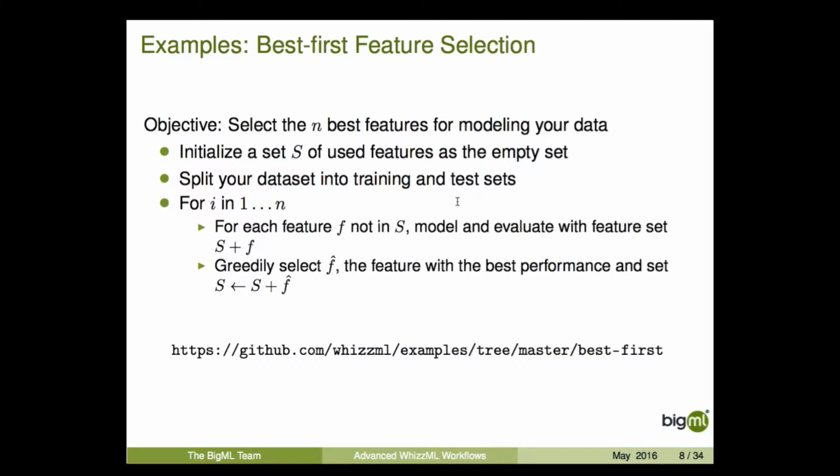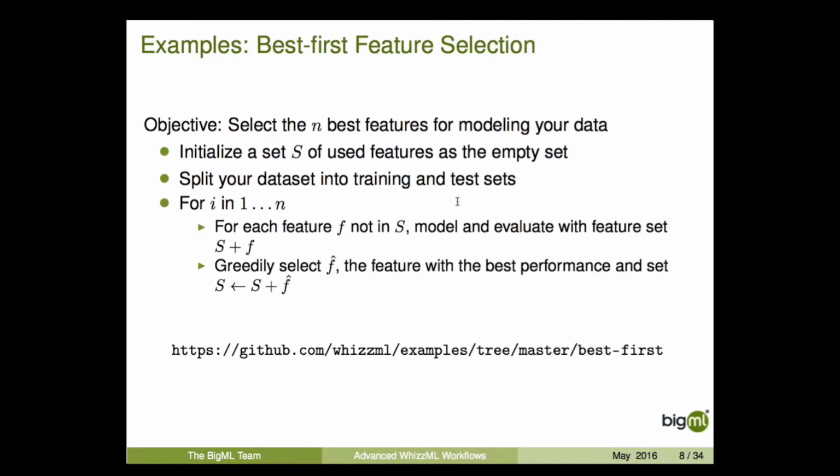We're going to iterate over and over again, choosing a feature each time. So we start with our empty set, and then we choose a single feature. We move that feature into our empty set. Now it has a single feature in it, and then we'll just greedily select the next feature that improves the model as much as possible.